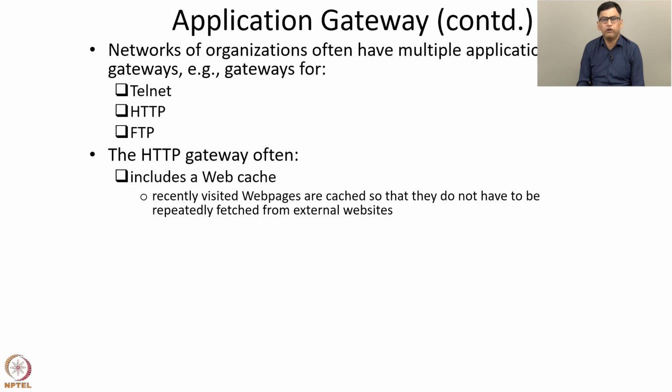It does not connect again to the website and fetch the data again. So the use of a web cache helps in preventing the repeated fetching of the same data from external websites, which helps in efficiency.